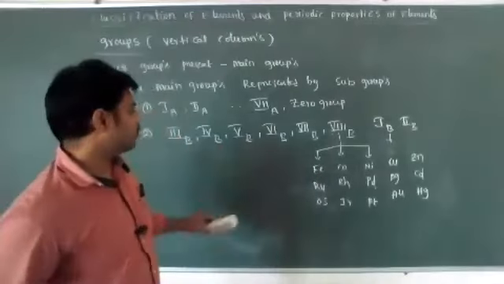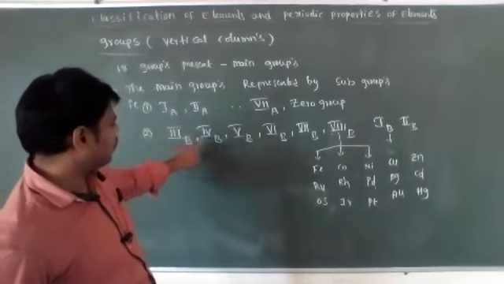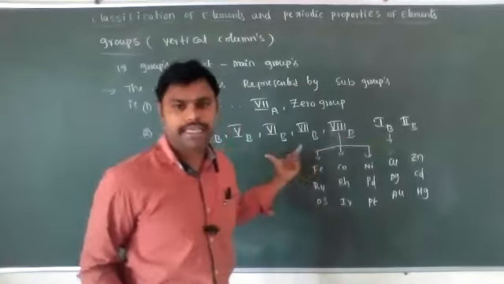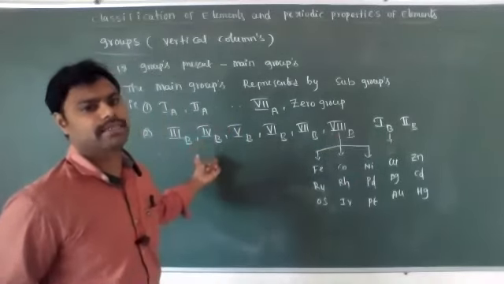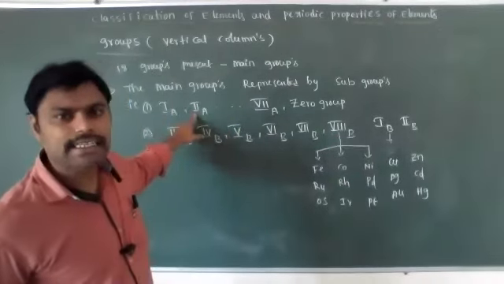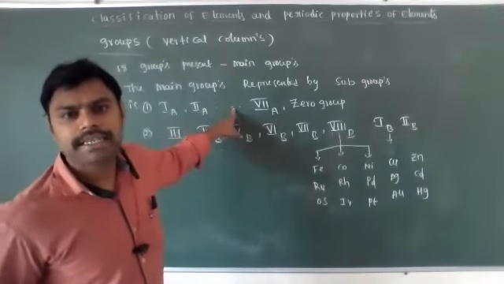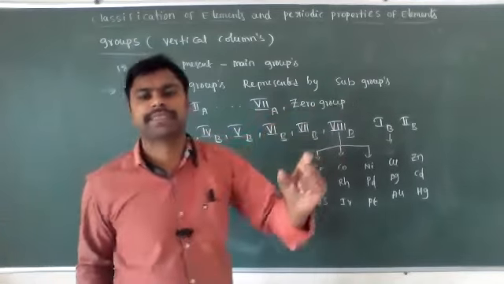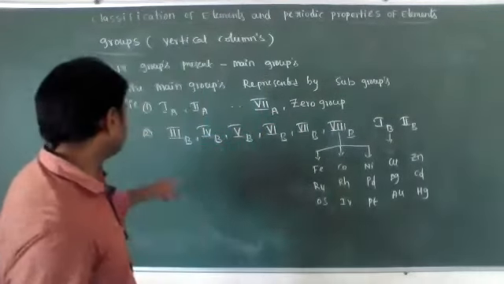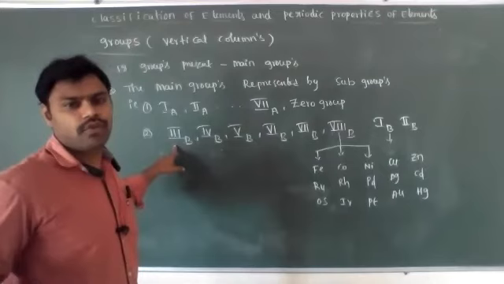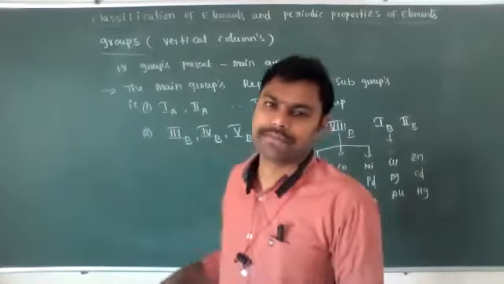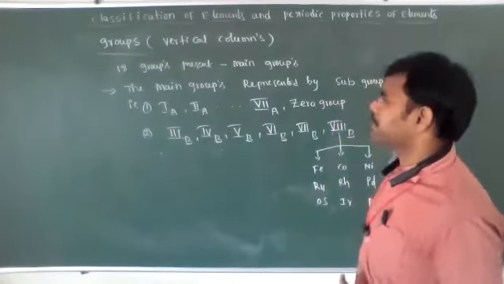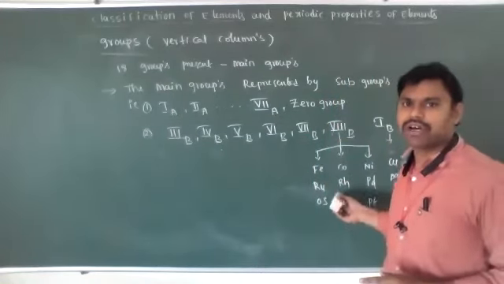So like that they are denoted. 3B, 4B, 5B, 6B, 7B, 8B, 1B and 2B are nothing but D block elements. 1A and 2A are nothing but S block elements. 3A, 4A, 5A up to 7A and the 0 group elements are nothing but P block elements. In the 3B group, 14 plus 14, 28 F block elements are present. They are placed at the bottom of the periodic table. This is the information related to groups.